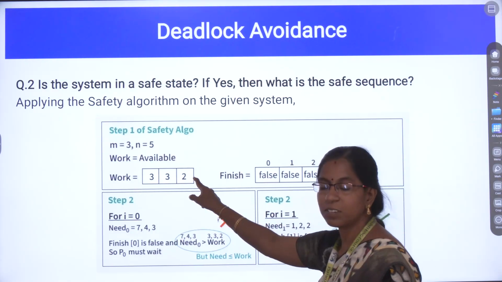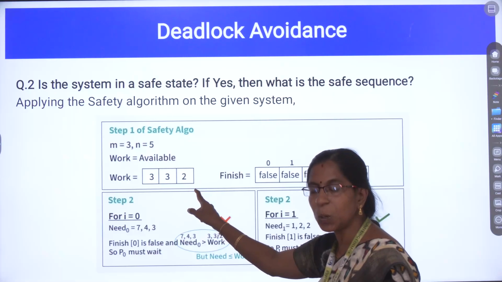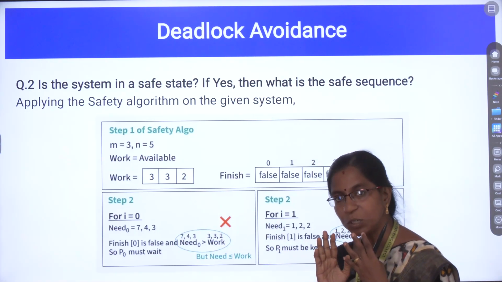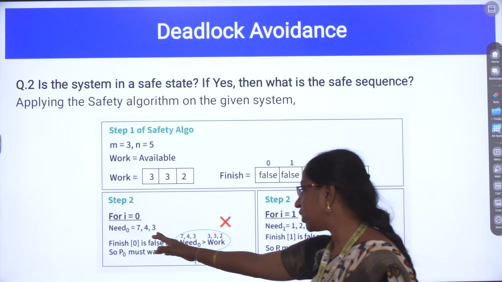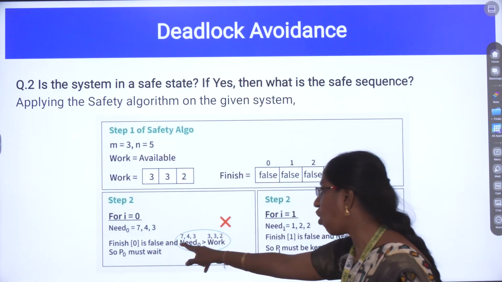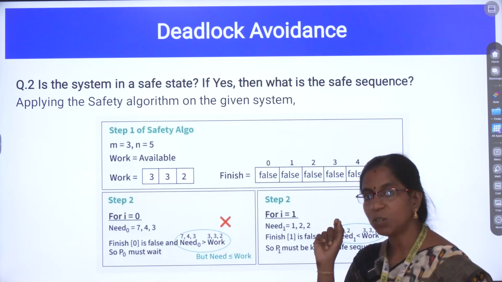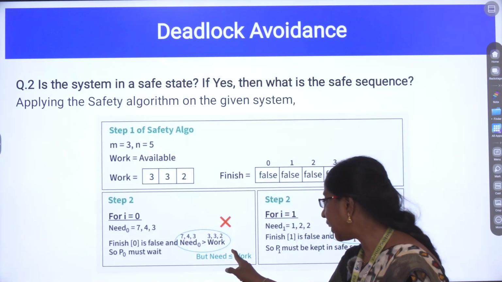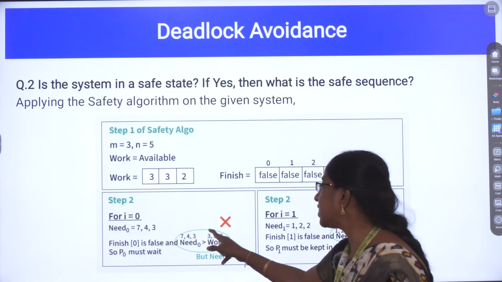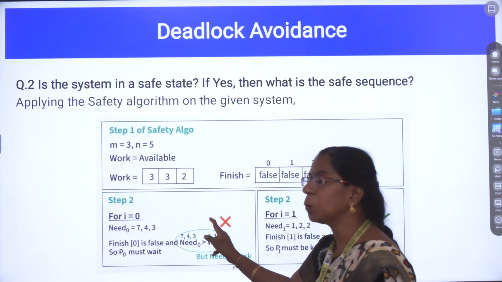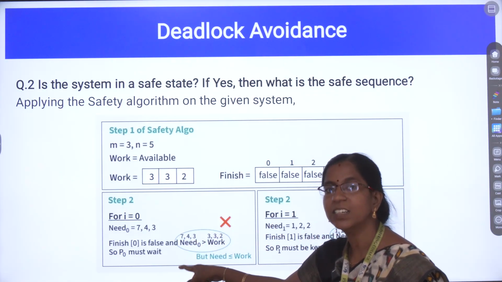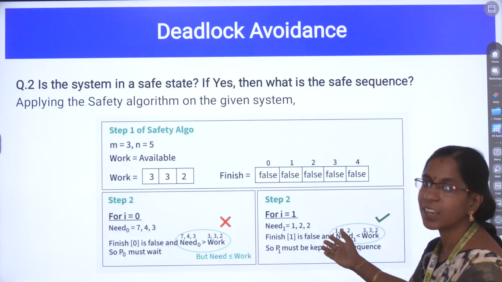First check whether finish of 0 is false, and we need to check need less than or equal to work. Our need is 7 4 3, which is greater than 3 3 2. So P0 must be in an unsafe state, so we move to the next iteration.